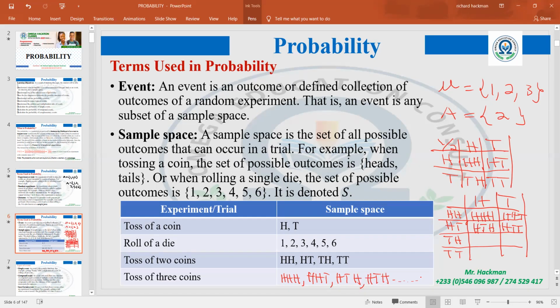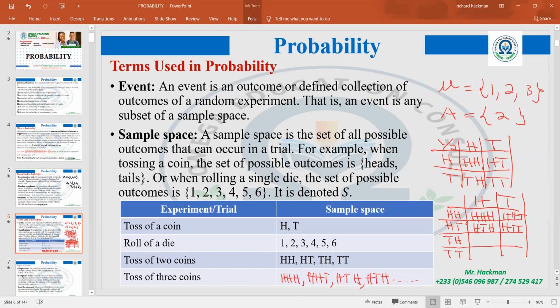Yes, please. Very soon I will walk you through another way of determining the outcomes that make up your sample space. But for now we'll make do with this, and this is very critical. I always advise my students, if you know this off head, it is good.